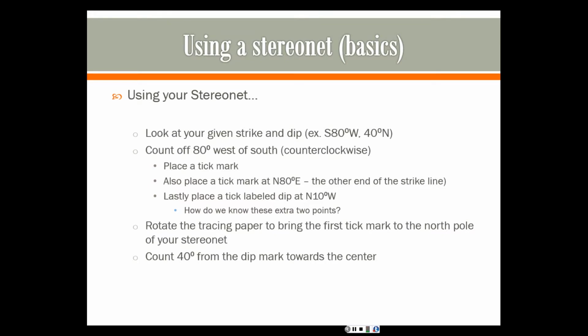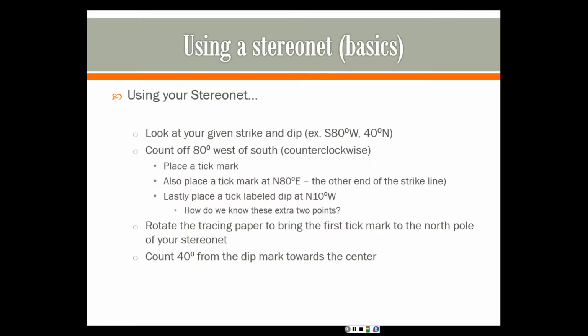If they don't line up like that, you know that you counted wrong somewhere. Then, from that tick mark that shows your dip direction, you'll count in along the equator 40 degrees. In your case, since you have lines every 2 degrees with a bold line for every 10 degrees, you would be able to count in 4 bold lines right along the equator of your stereo net.